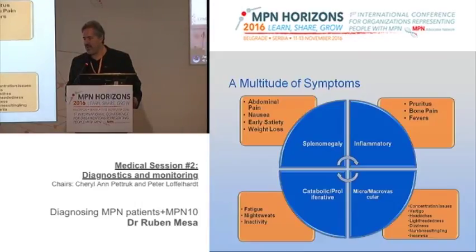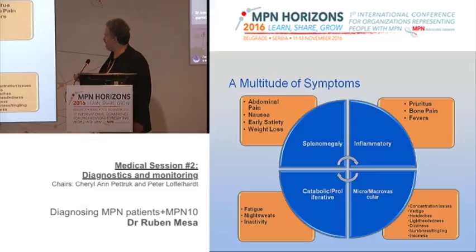Now, as I try to think about symptoms in the disease and what they tell us, we try to put them into different buckets. There can be different symptoms that are related with the enlarged spleen, just due to its sheer size. There can be sharp pain in the spleen, sometimes from lack of sufficient blood flow. There can be symptoms that are associated with inflammation, including itching, bone pain, fevers.